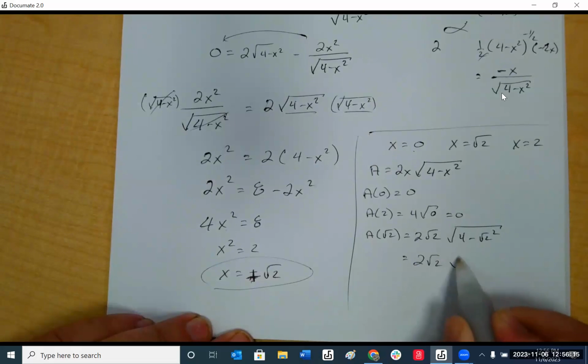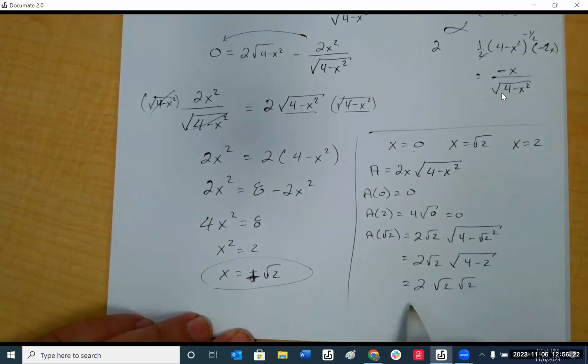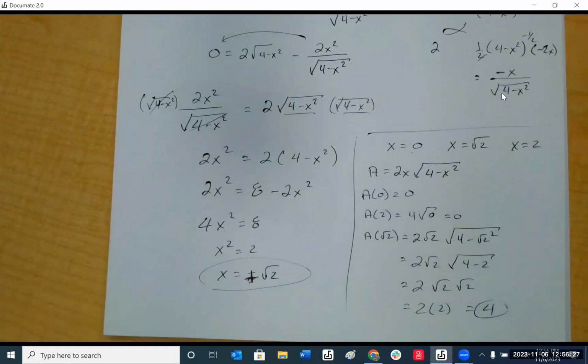At root 2, it's 2 radical 2 times 4 minus 2, 2 radical 2 times radical 2, 2 times 2 equals 4. So x equals √2 is going to be our optimal.